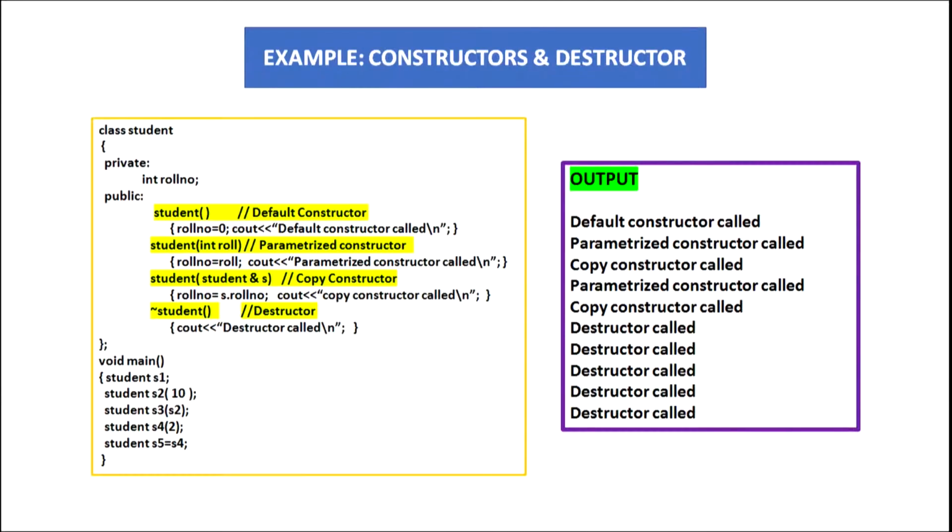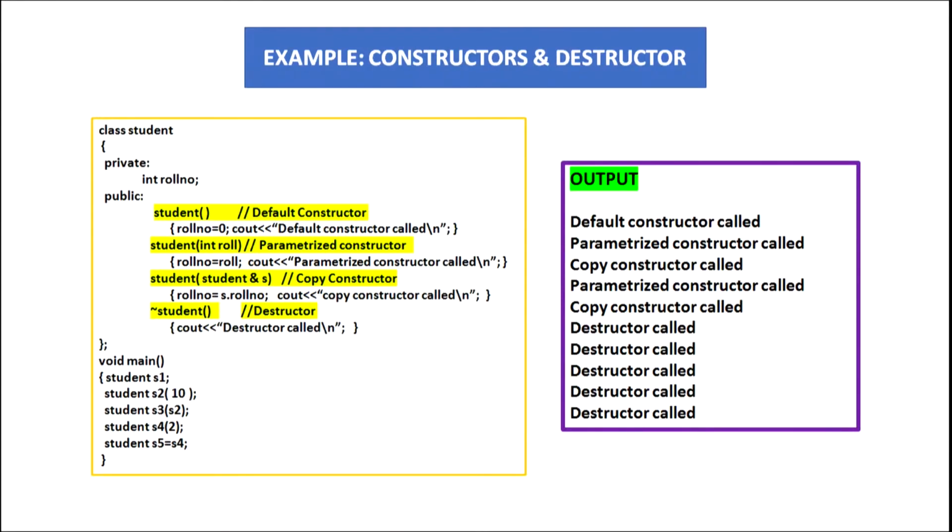Now, the next statement is Student S2 and within brackets 10. In this case, as we are passing the value of the data member as parameter, the parameterized constructor will be called and it will assign value 10 to roll number and display "parameterized constructor called" in the output window. You can see the second statement, "parameterized constructor called".